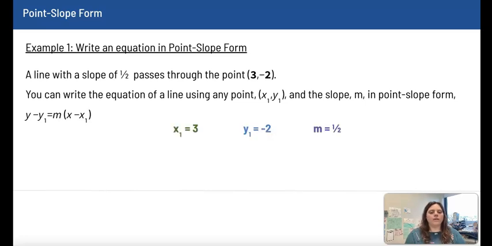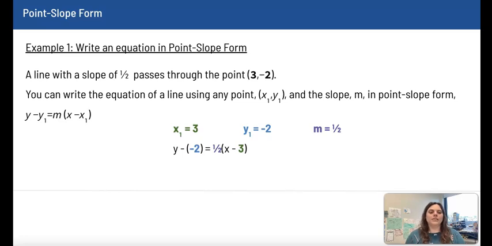So if we have a slope of 1/2 and our point 3, -2, x1 is the 3, y1 is the -2, and our slope is 1/2. We fill in these pieces to our equation. y minus -2 equals 1/2 times, in parentheses, x minus 3.